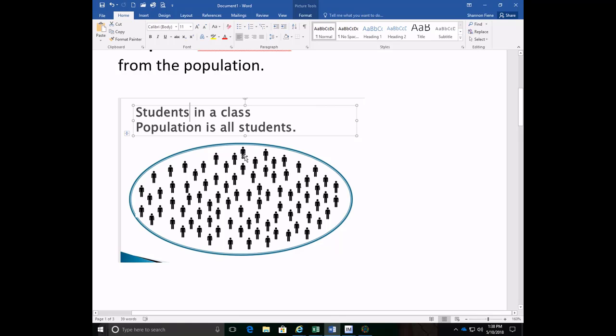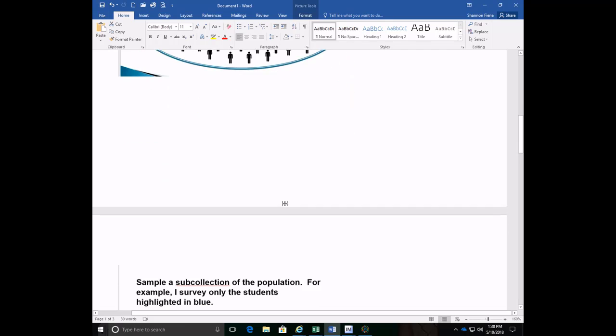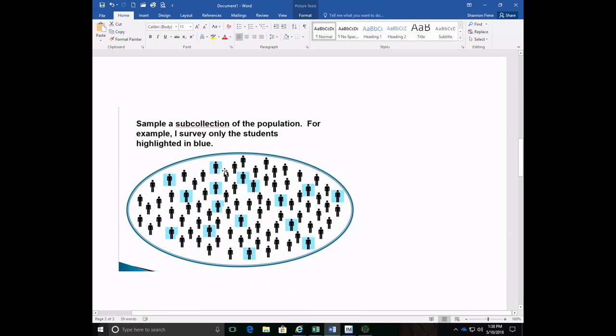But maybe it's not feasible to ask everyone in class. So what I would do is go and ask a sample, and the sample would be a subset. Shown here, instead of asking every single member of the population, I would select members of the population at random and ask them the question. And that is what comprises my sample.